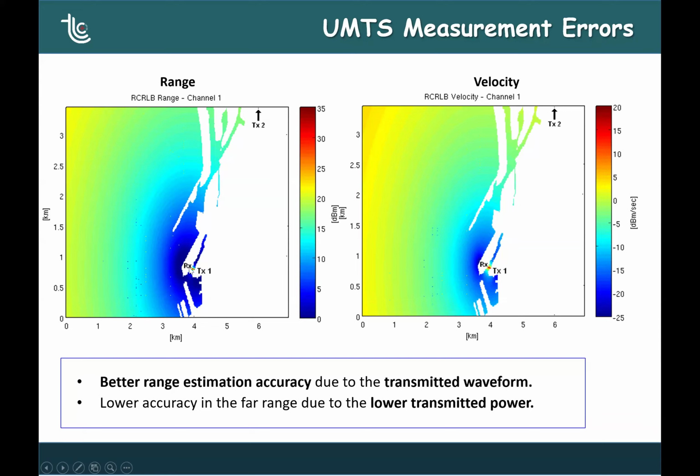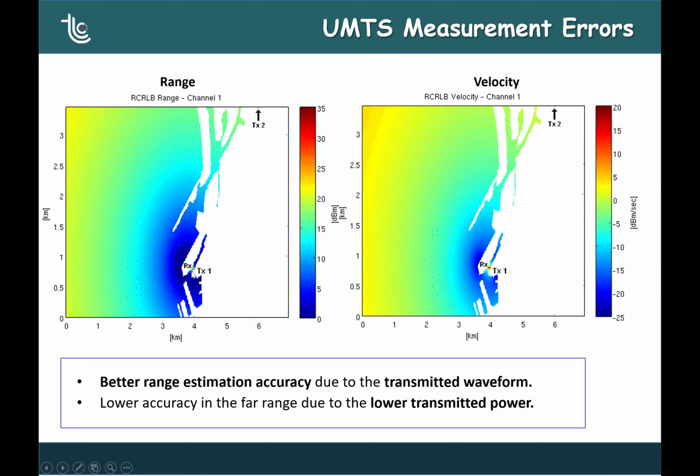This one is for the UMTS signal. You see here that the white one is the ground, so the mask of the ground, and all the others is the sea, and of course the sea close to the coast is the harbor. See here in the figure, in both left hand side and right hand side, that there is an area where you see some red color, okay?